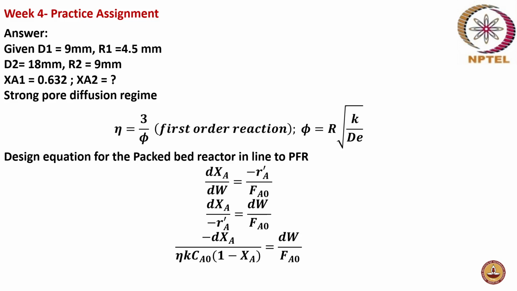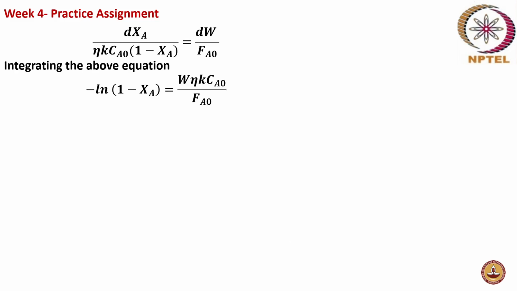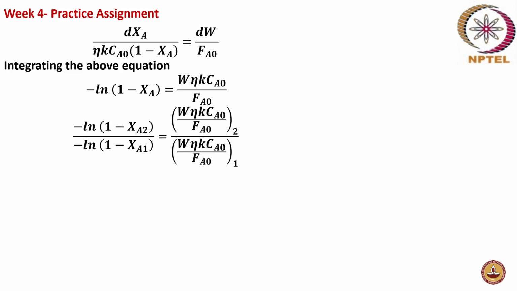So we have taken eta is equal to minus RA by minus RAS, so minus RA is equal to eta into minus RAS. That is what we have done. And then we have to integrate the above equation. Once we integrate, you will get minus ln of 1 minus Xa is equal to W into eta into K into Ca naught by Fa naught.